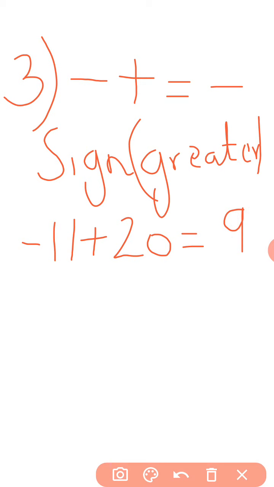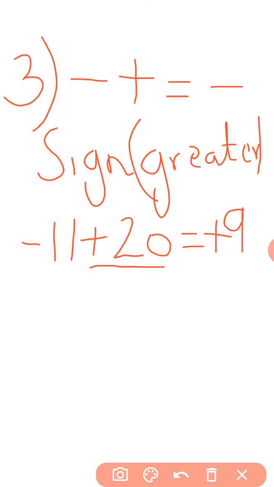Now which number is greater from 11 and 20? 20 is greater, so the sign will be positive, because 20 is a positive number, so the answer will be along with a positive sign.